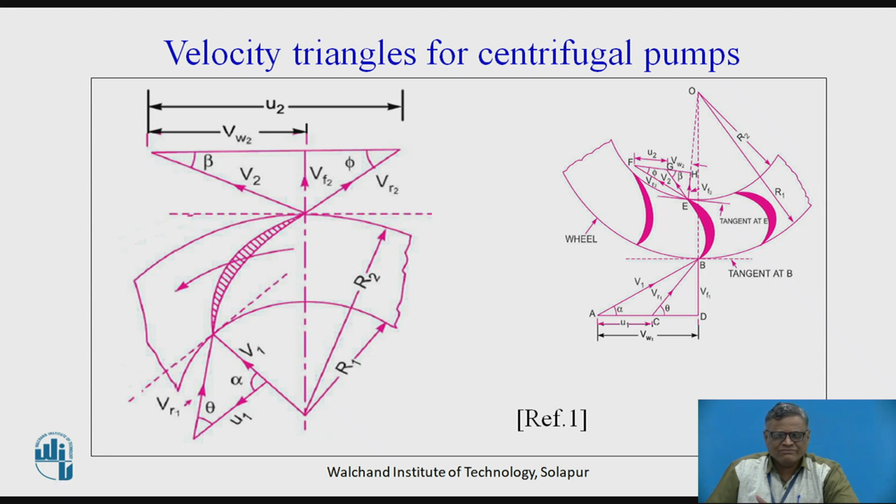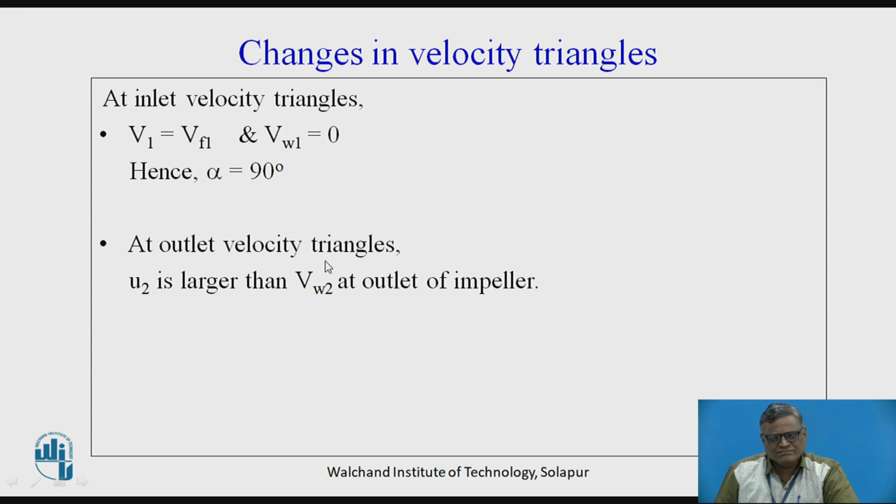Then, with reference to the type of rotodynamic machine, whether it is a turbine or a centrifugal pump, that is, power producing or power consuming devices, and how the flow is, whether radial inward or radial outward, these triangles can be modified. Making use of these triangles initially for understanding purposes, and seeing how they get modified here, can lead to better understanding. So these are the velocity triangles for the centrifugal pumps.